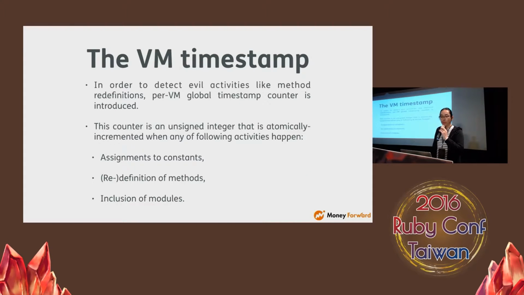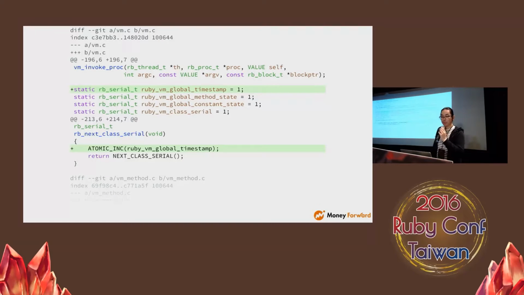Now, because we have to know when redefinitions happen, we are going to have a new state variable. This is the global VM timestamp, which is incremented when something happens, like constant assignments, method redefinitions, and module inclusion. This is the implementation.